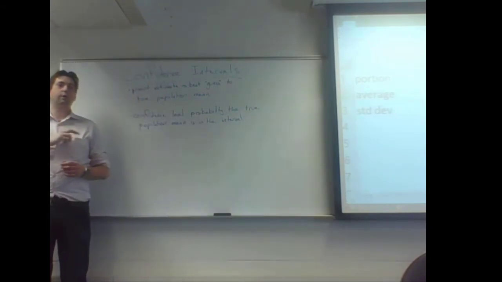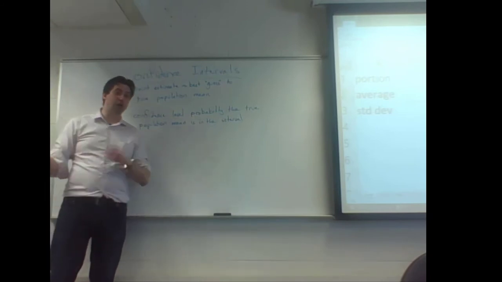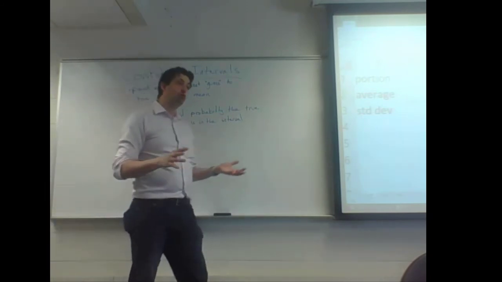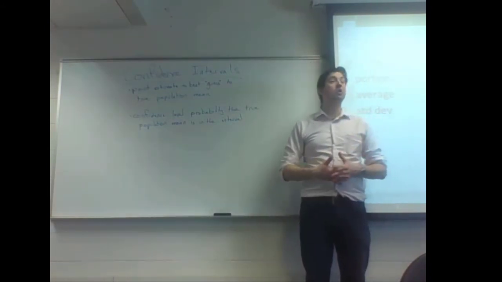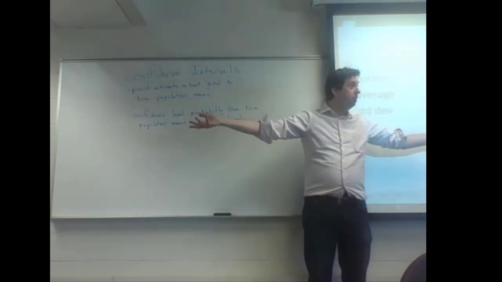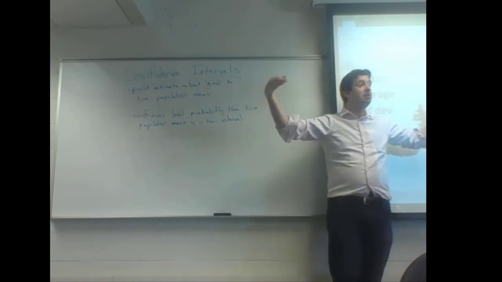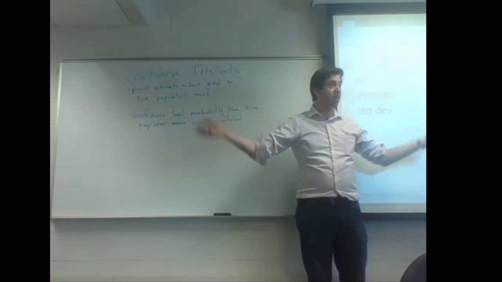Now, appreciate we're going to have to make an exchange or a trade-off between two different ways of thinking about this. On one hand, we can have a very high confidence level, and these are always done in percents, like 90%, 95%, 99%.